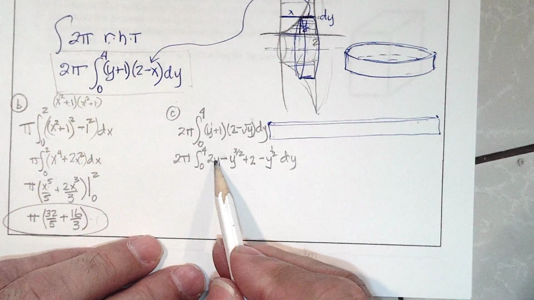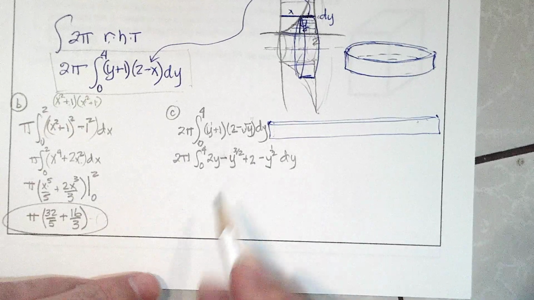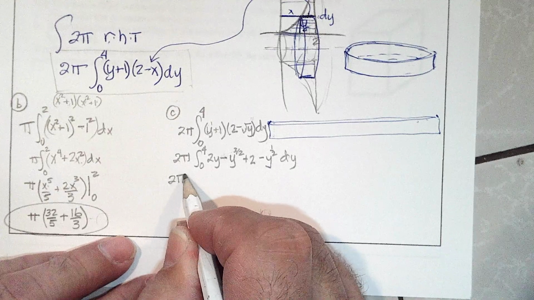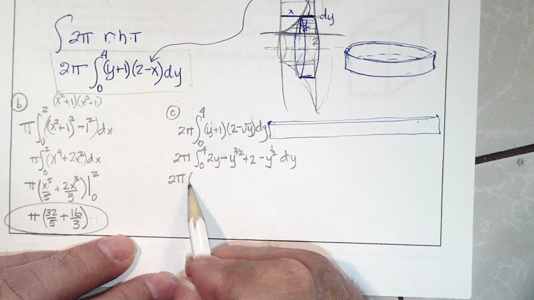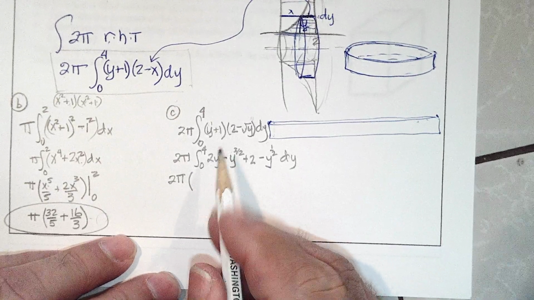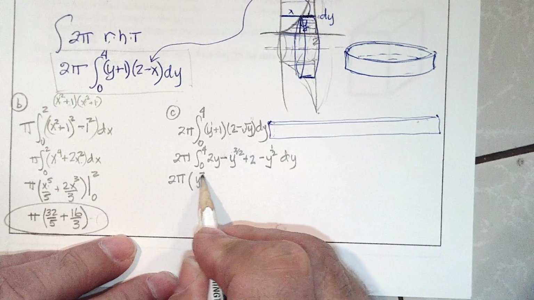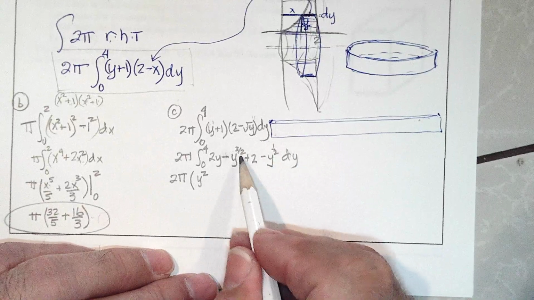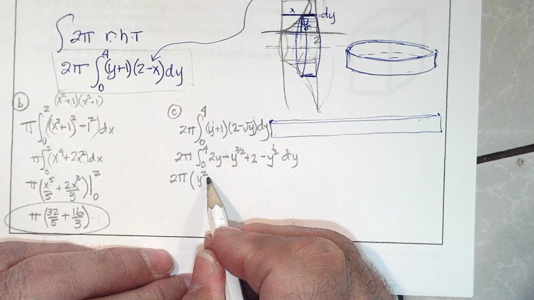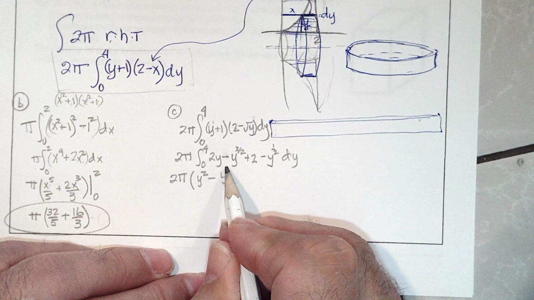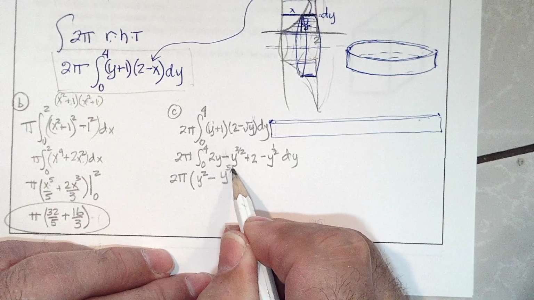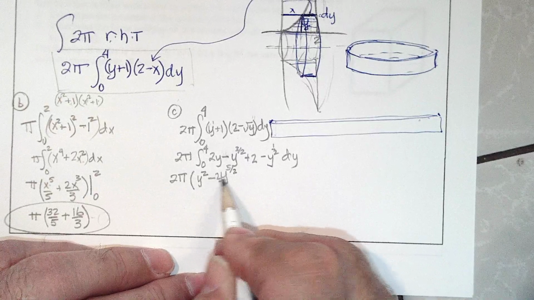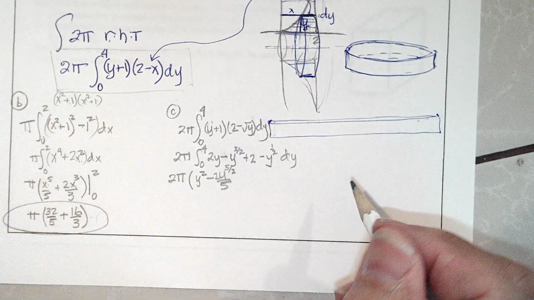All right. None of these are like terms, so I can't combine them. So I just got to integrate each one of these. So 2 pi, and 2y integrated is y squared. Antiderivative of this would go to 5 halves. Y to the 5 halves divided by 5 halves, which is times 2/5.